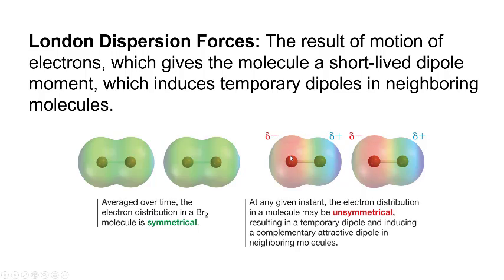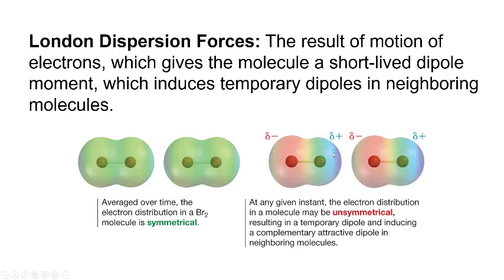At that point, you would produce what's called a temporary dipole. And in that moment, it could have an interaction with another molecule that is also exhibiting a temporary dipole. So this is just a fleeting formation of a magnet that could go back at any moment.